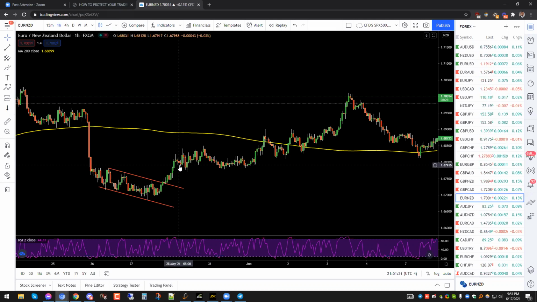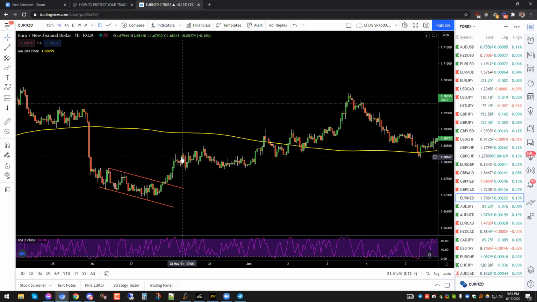So we have 5 to 6, 6 to 7, and at 7 o'clock we have this green bar. So we're not going to be entering at 7 to 8. So we have 8 to 9 going red. So the 8 to 9 o'clock candle, we can look to go short on that one, right?